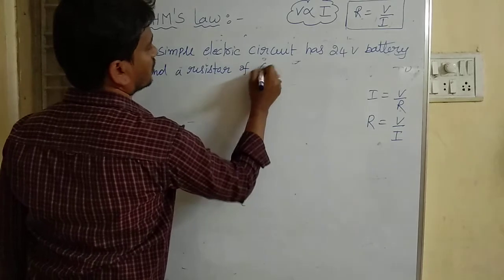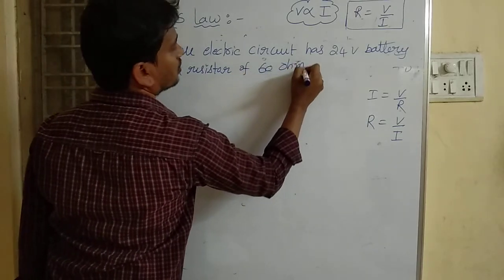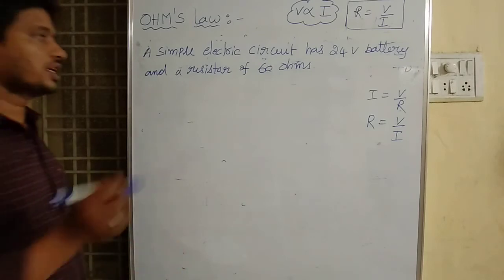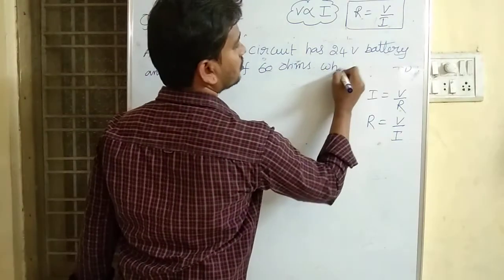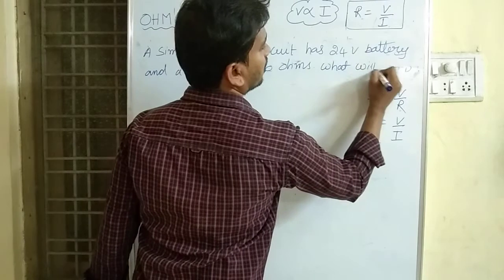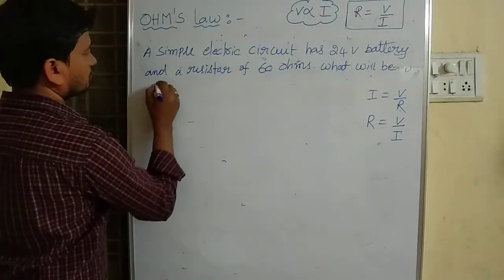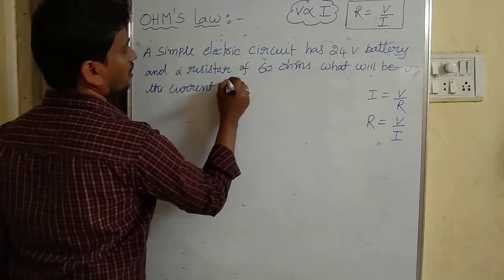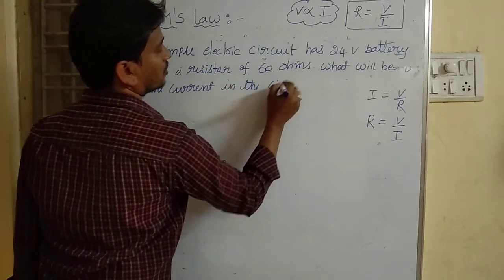What will be the current in the circuit?